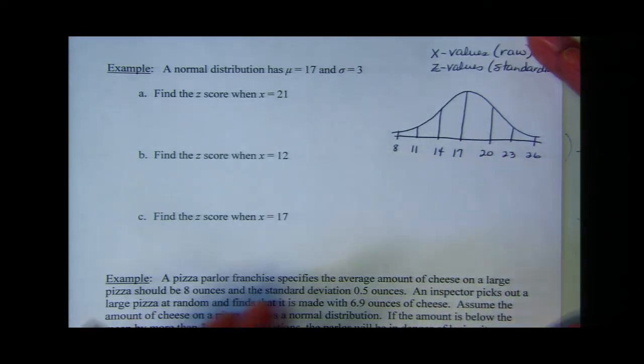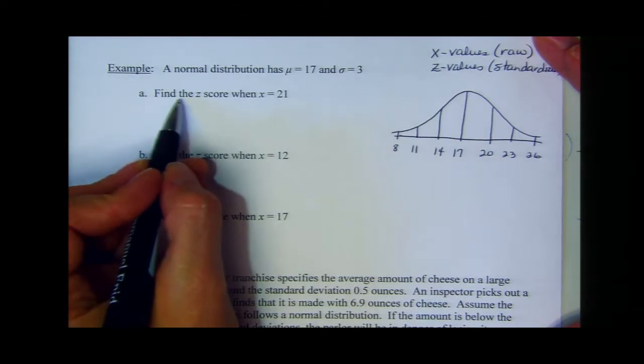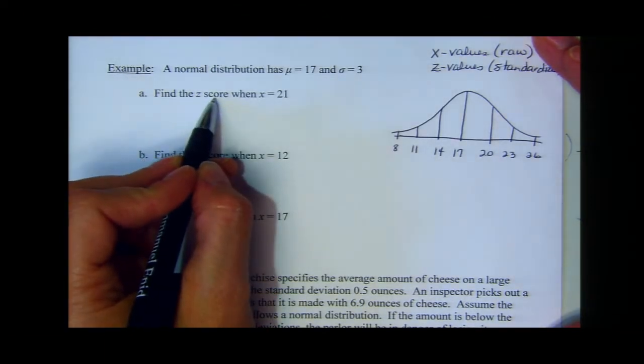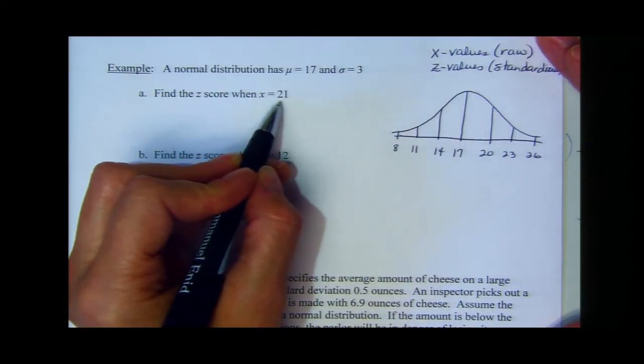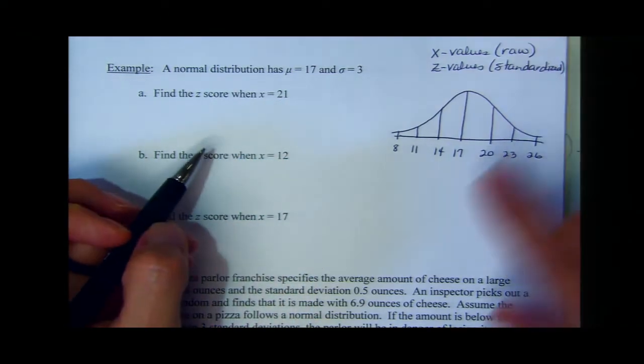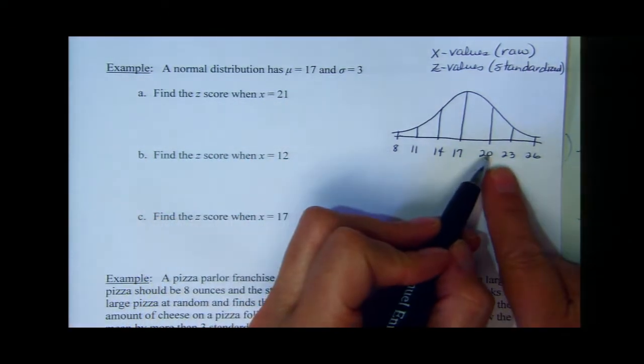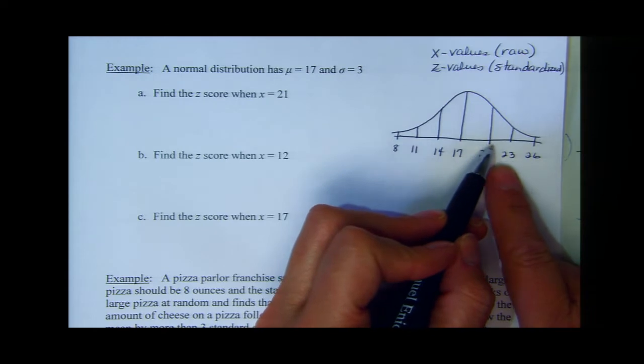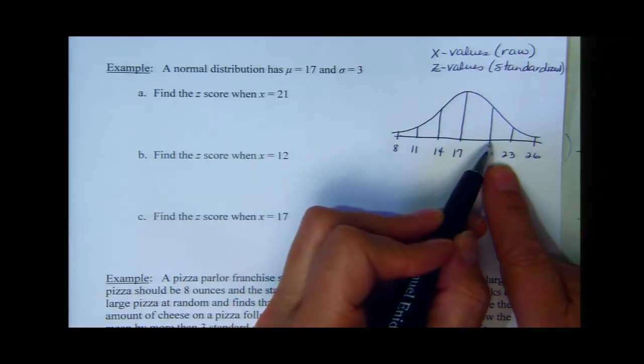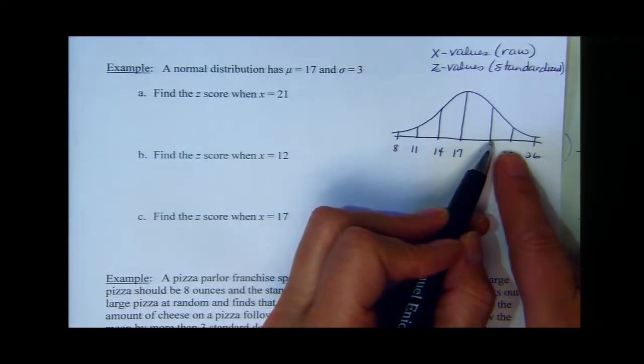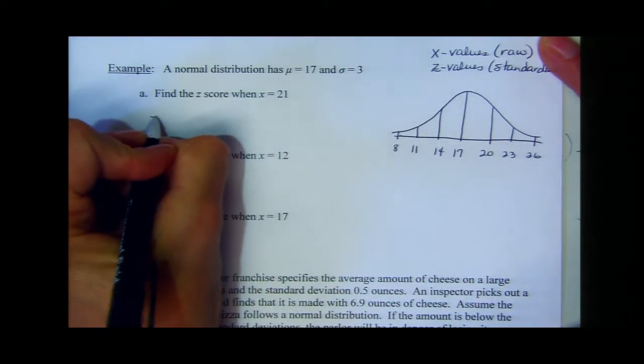Now what it's asking me to do is find the z-score when X is equal to 21. All right, well let me get an idea of this. If I come over here, here's 20, 21, so I should get a z-score that is 1 point something because it's between 1 and 2 standard deviations away.